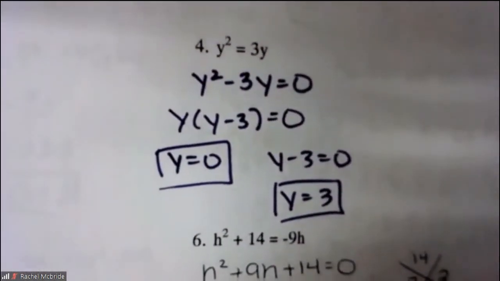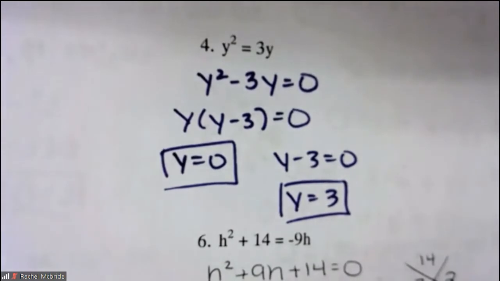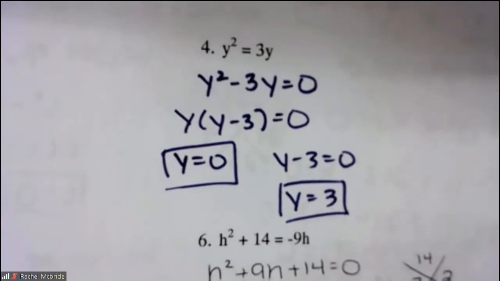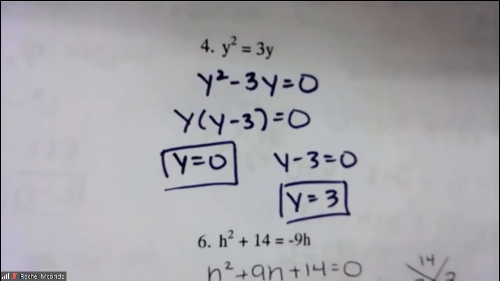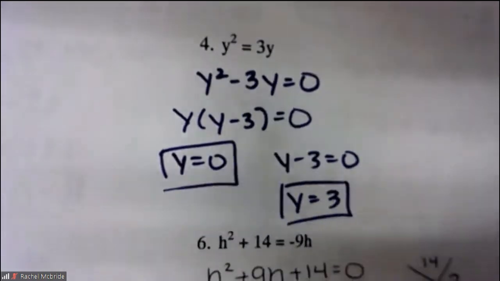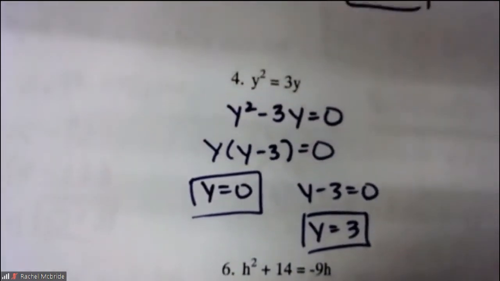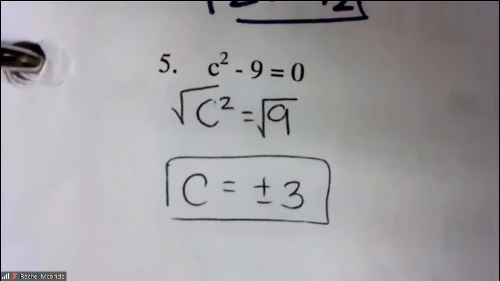Fantastic. Y equals 0 and y equals 3. Number 5, Tyler. Excellent. C equals positive and negative 3.